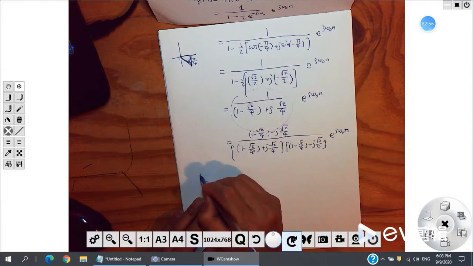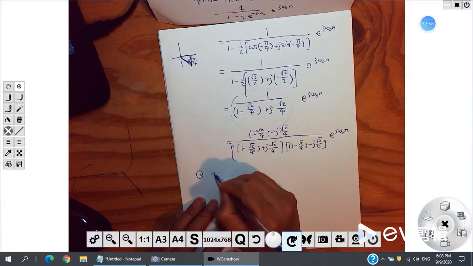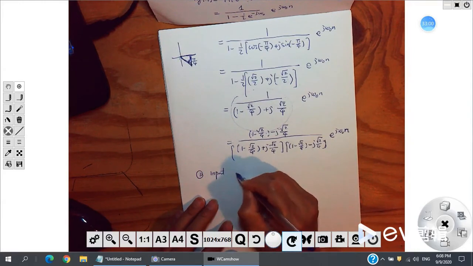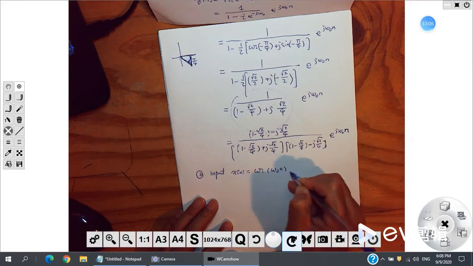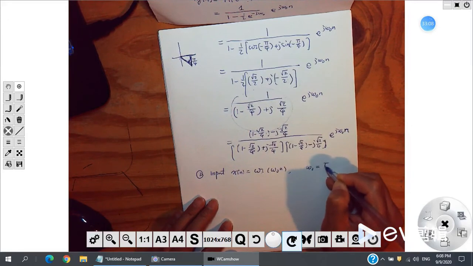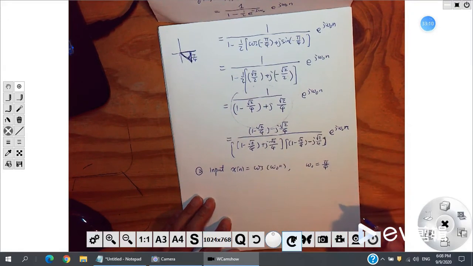And the second one, I consider the case where the input is cosine omega 0 n, where omega 0 is pi over 4. Then what will be the output?